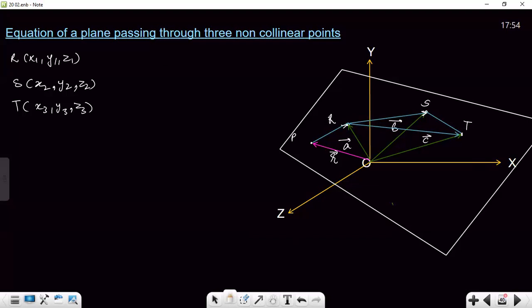Now, we know one thing about coplanar vectors, that if we take the cross product of two and then the dot product with the remaining, then its product will be 0. Let me tell you the concept. Wait a minute.